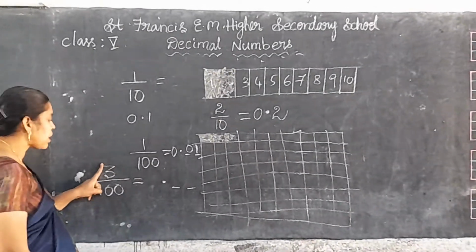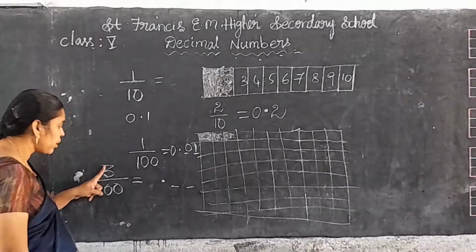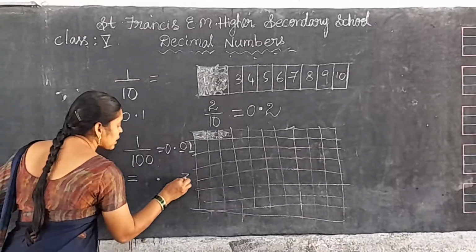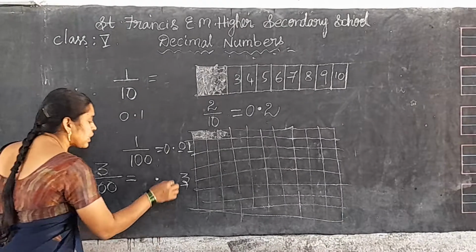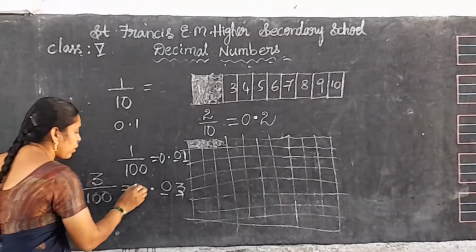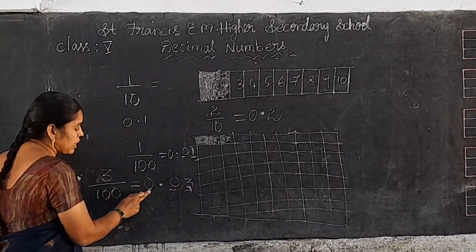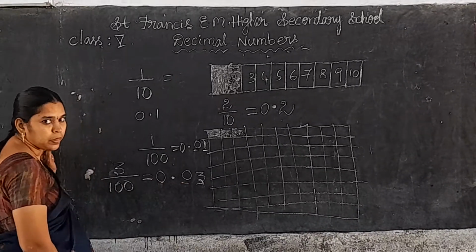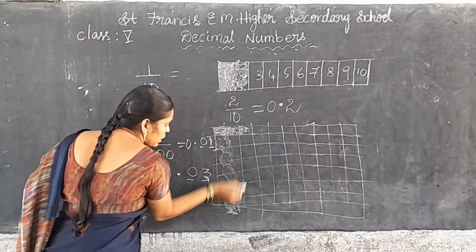Here how many numbers are present in the numerator? 1 number. That number you should always write in the last, hundredths column. But the tenths column is not there. Then in that place you should write 0. So 3 by 100 converted into a decimal fraction is 0.03.